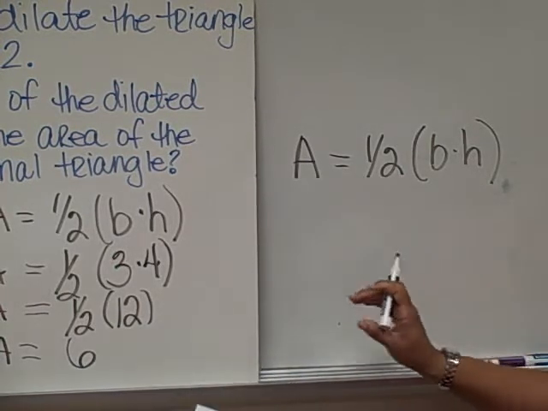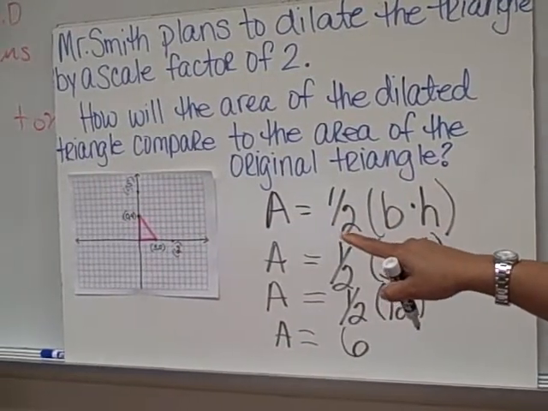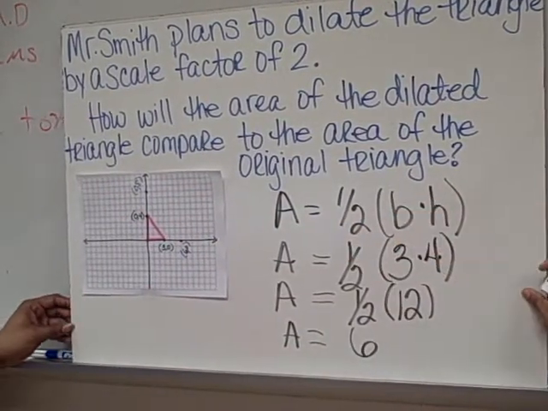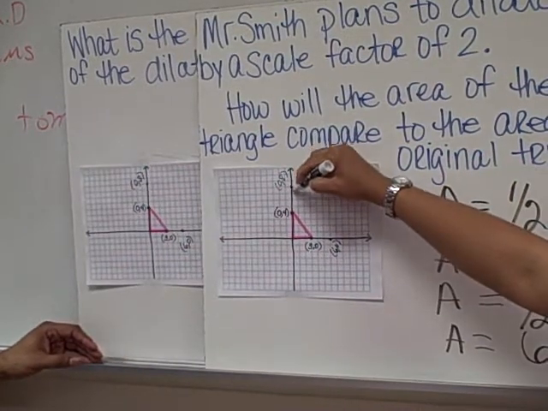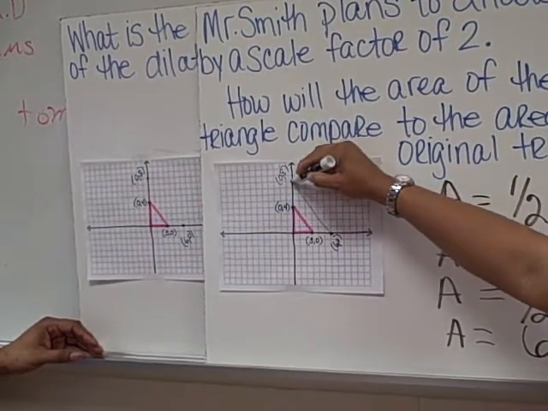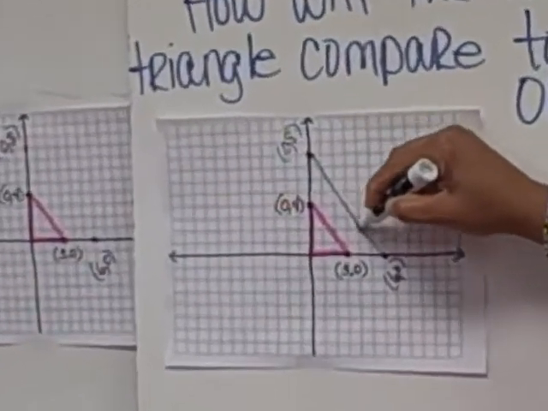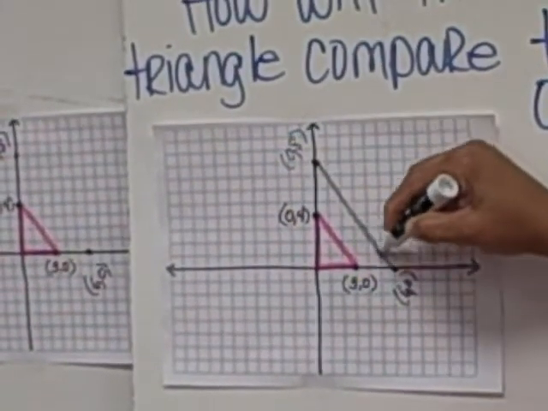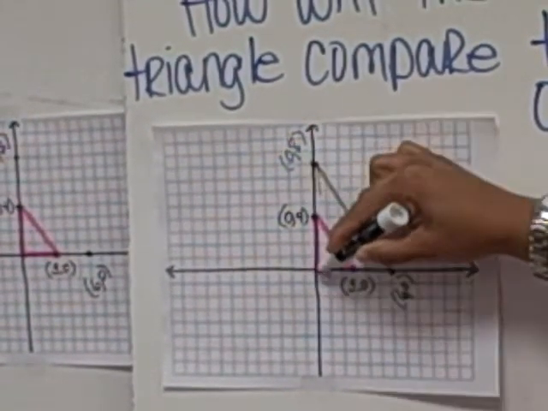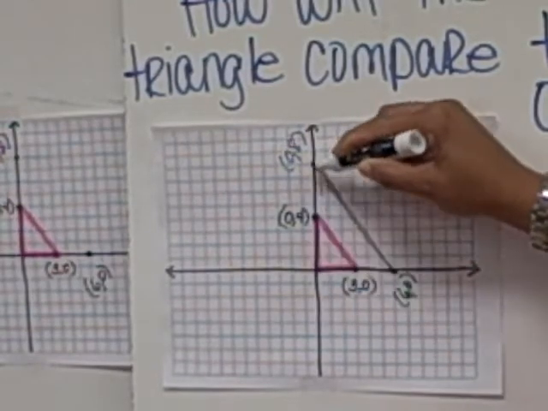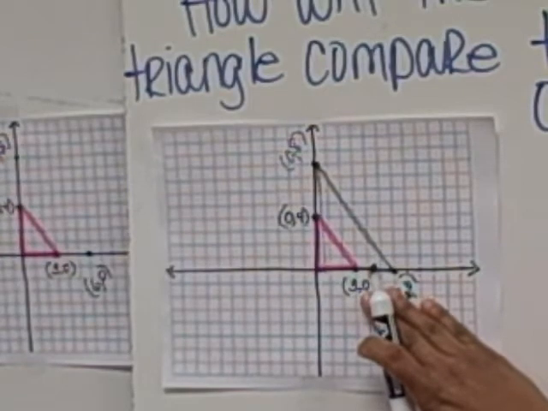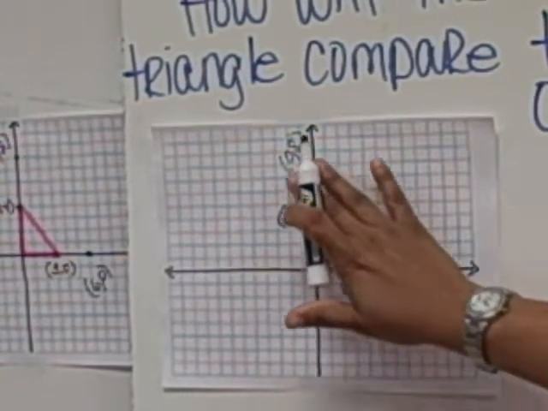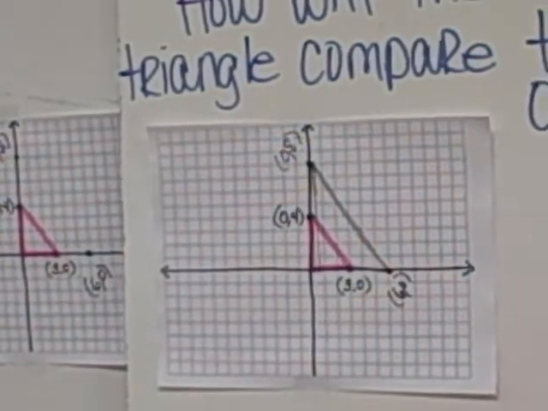And as you can see from our original, this is our dilated triangle. We can see here our base is going to be 6 and our height is going to be 8.